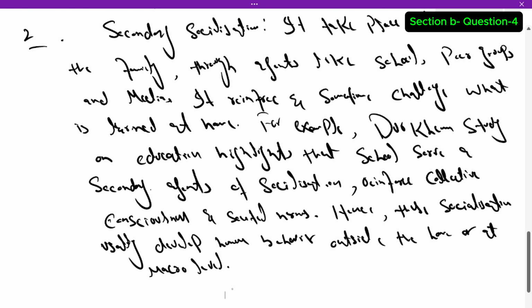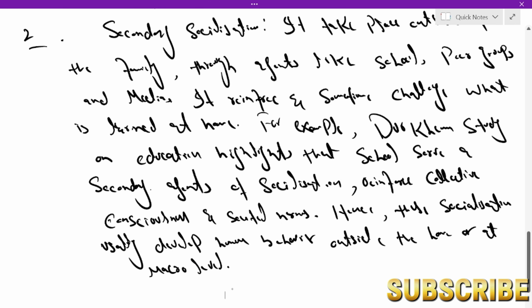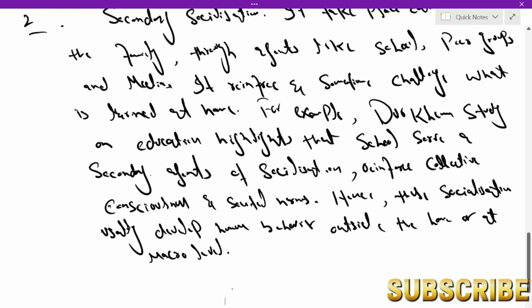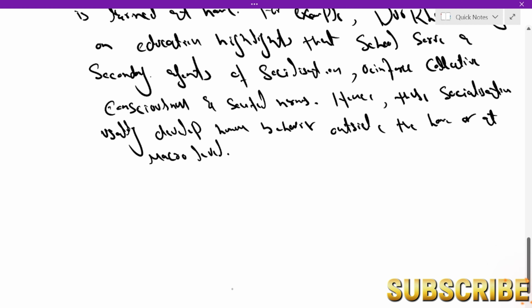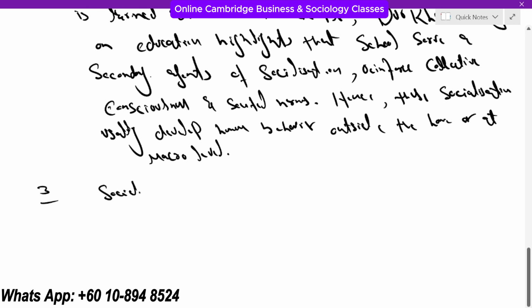I gave you two arguments: primary socialization and secondary socialization. Other than that, you can write about how socialization impacts identity formation.